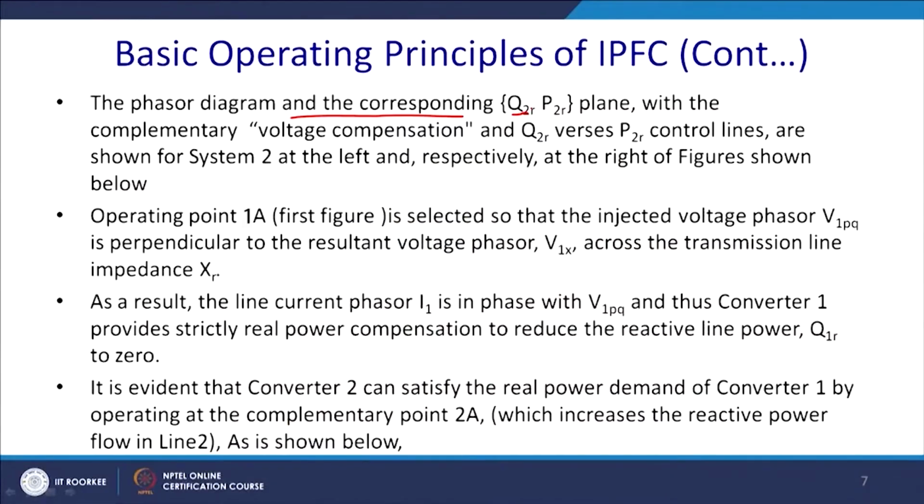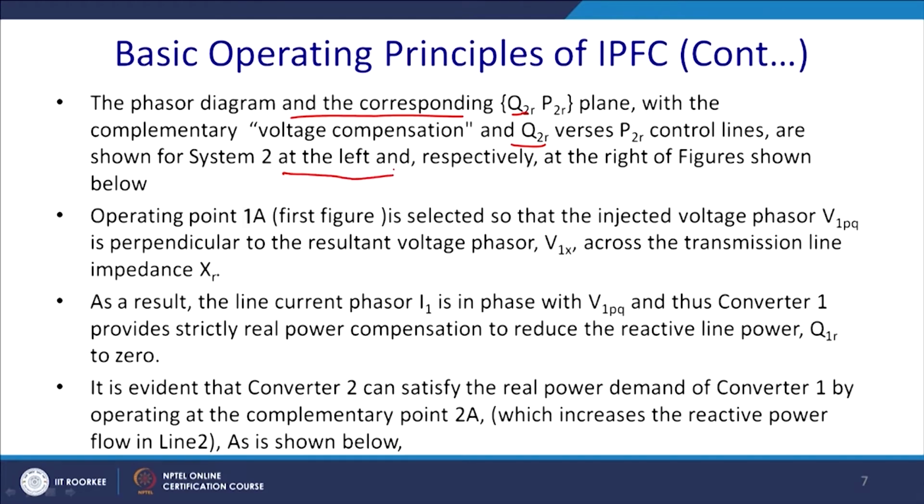Thus, what we can take away from this discussion are the phasor diagrams of the corresponding Q to R and P to R planes, with complementary voltage compensation of Q to R and P to R versus control line, as shown in system 2 at the left and at the right hand of the figure shown below.